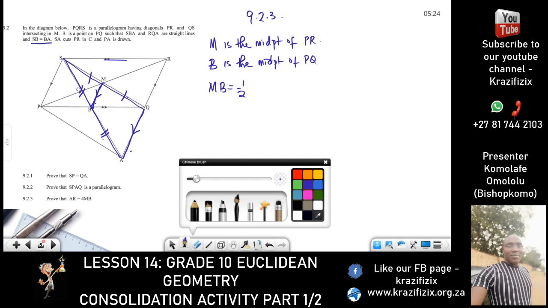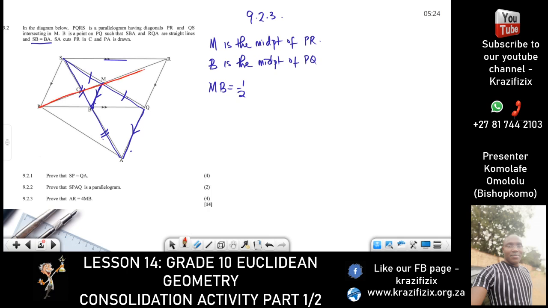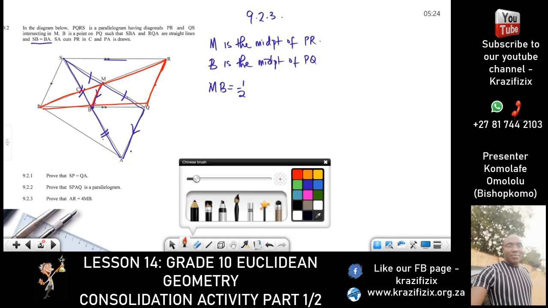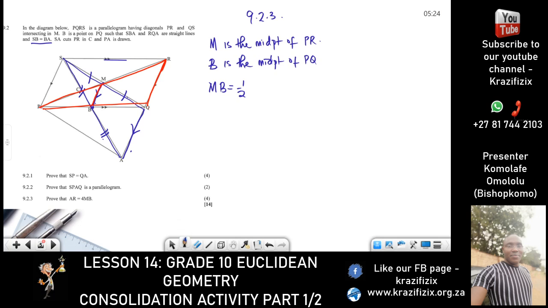It's exactly the same thing. So M is the midpoint of PR, and B is the midpoint of PQ. Automatically we know that these lines are parallel, so it makes a lot of sense to go either way. So MB is half of QR.